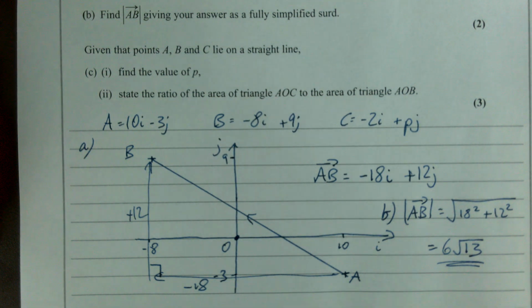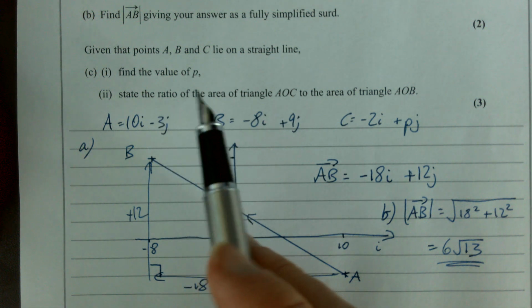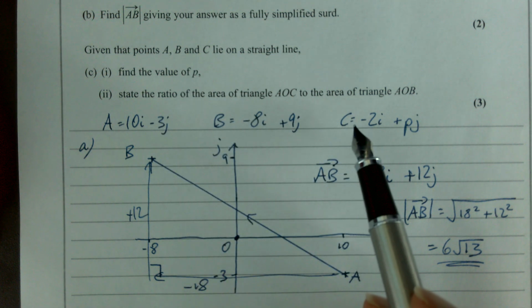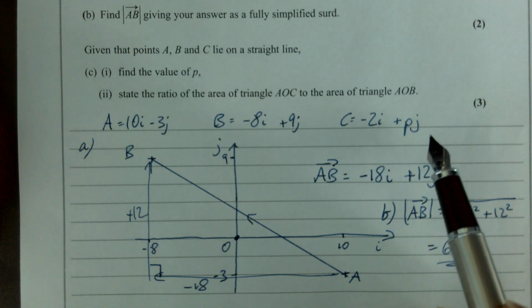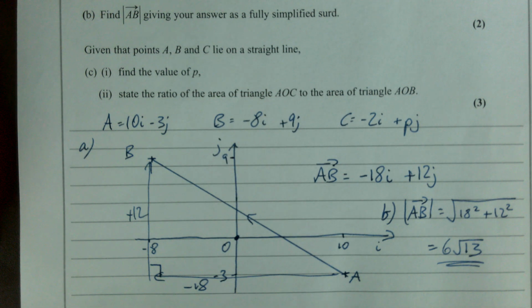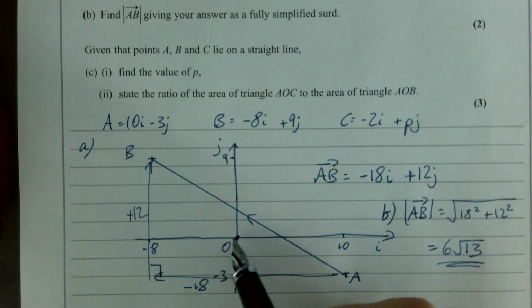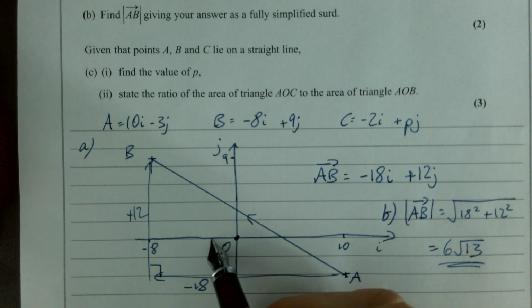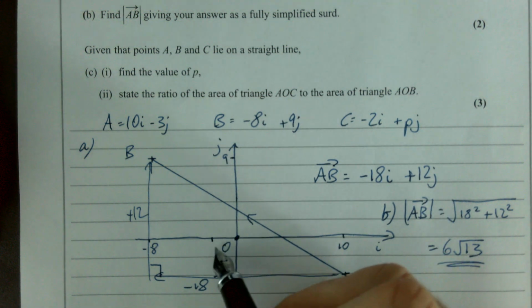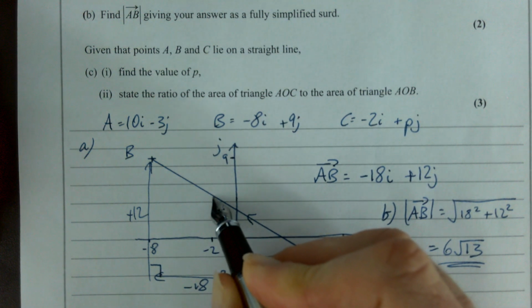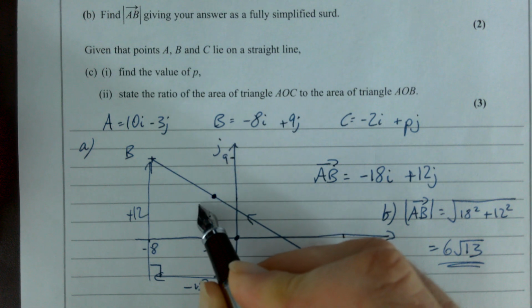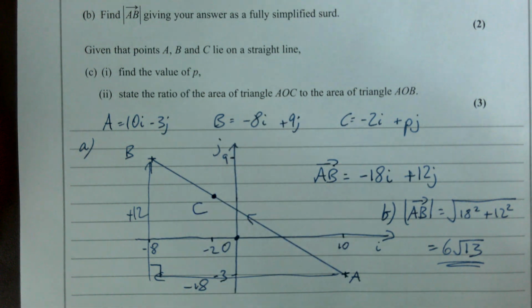And then part C is telling us that we've got to find the value of p, given that C is negative 2i plus pj, and they all lie on a straight line. So negative 2i is going to be about here, negative 2. So C is going to be there.